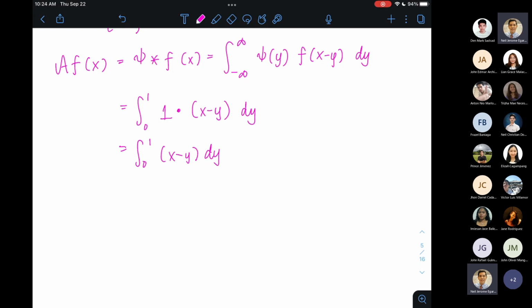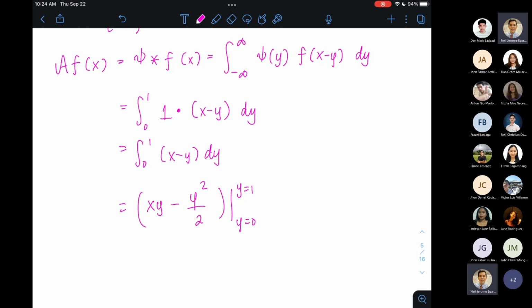Okay? So integral ng x with respect to y ay magiging ano lamang? Xy minus integral ng y with respect to y. That's going to be y squared over 2. And then all of this evaluated from y equals 0 to y equals 1. Okay, is that clear?